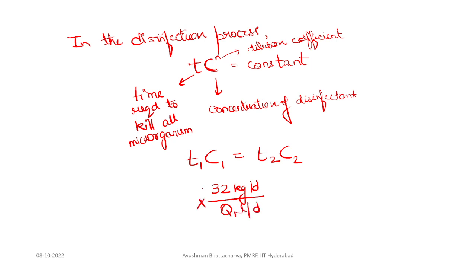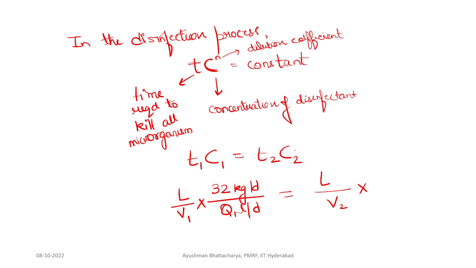Now time T1, the time required to kill, is the length of the pipe divided by the velocity of flow. The length of the pipe is the same, velocity will differ. Similarly here also, L is the same and V2 will be different, and we have to calculate C2.